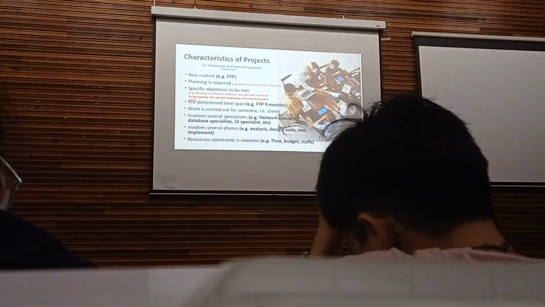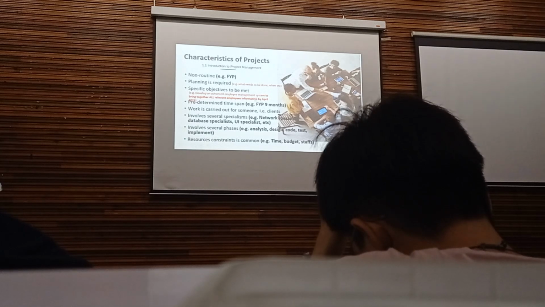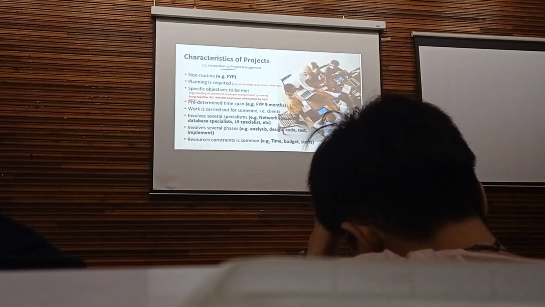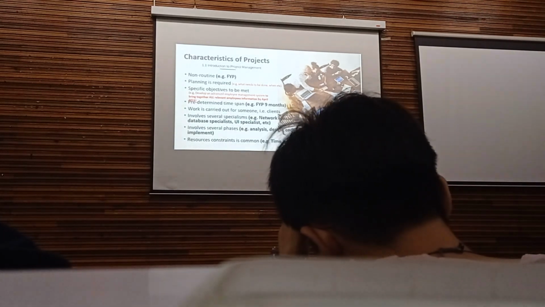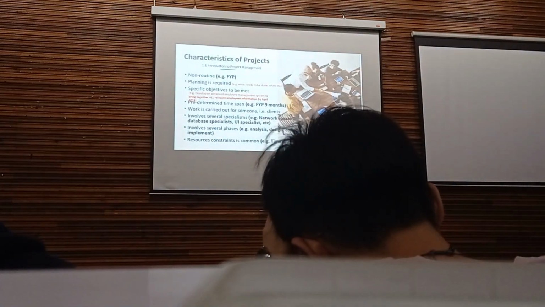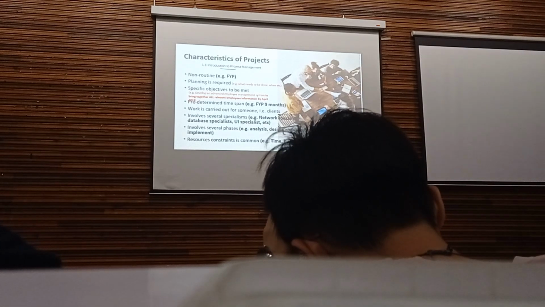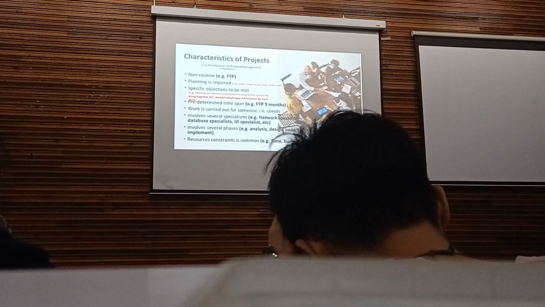Resource constraints are common. You have a time constraint. You do not have unlimited time. You cannot spend more than what is allocated to you. You have to make use of the number of staff given to you. If you have 5 staff, then you make use of the 5 staff. If you want to ask for 8, maybe it's difficult to get.